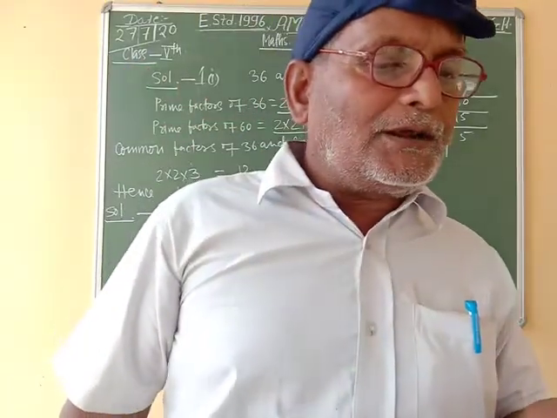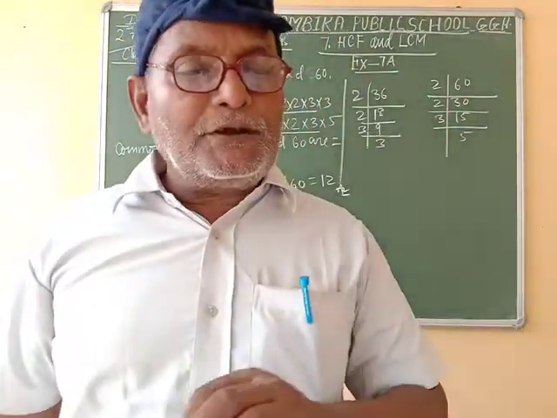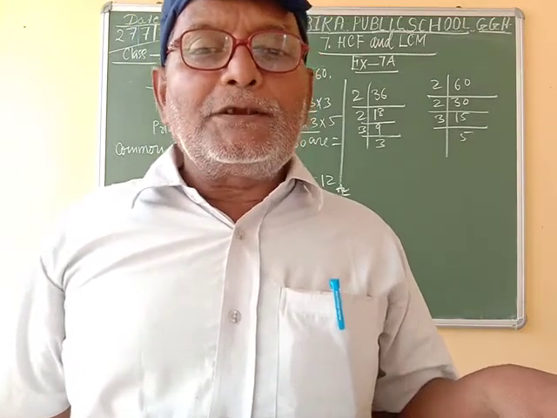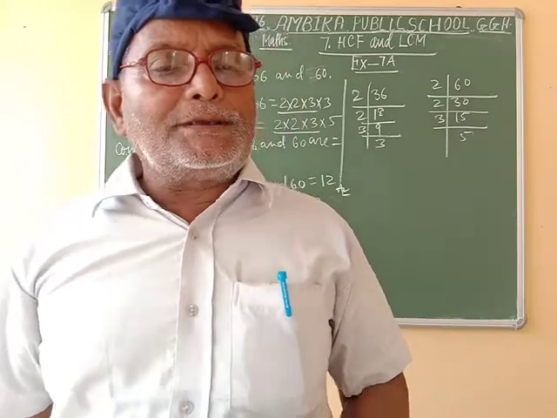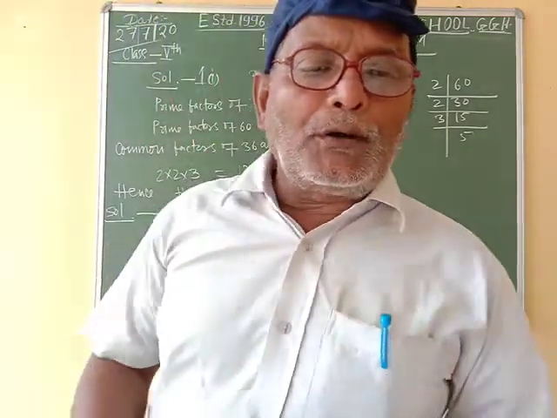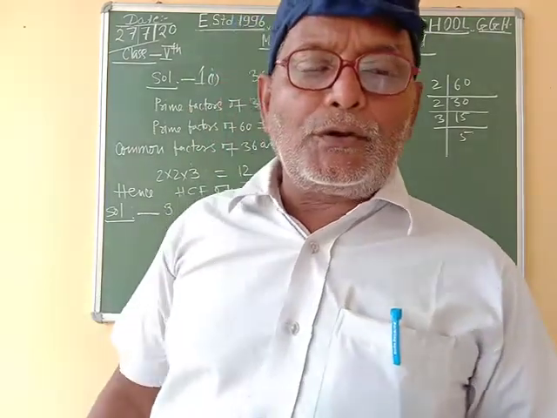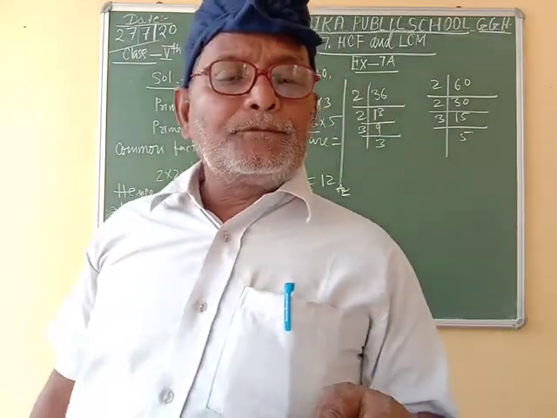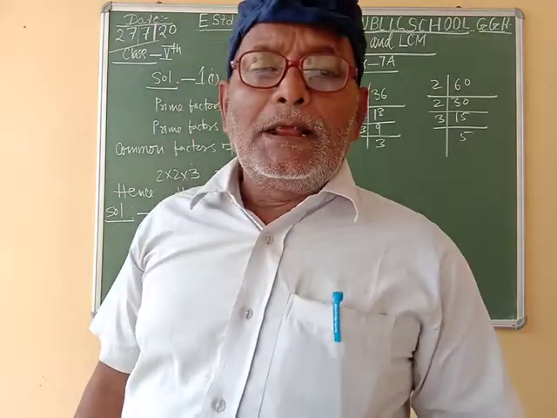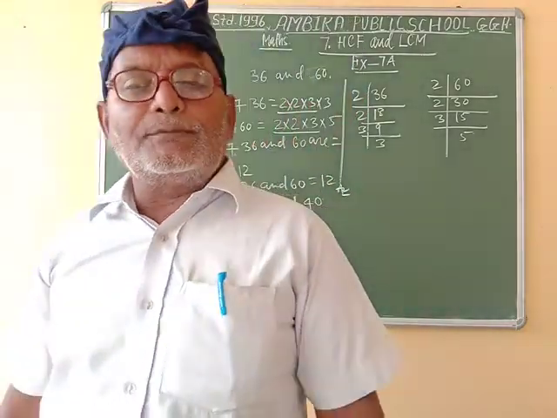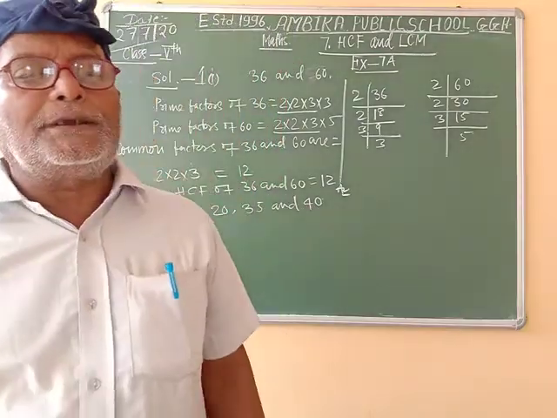In this question, you are asked to find the HCF by the continued division method. For the HCF of more than two numbers, I have said that first of all, divide the greater number by the smaller number. If the remainder is 0, then the smaller number is the HCF of the two numbers.